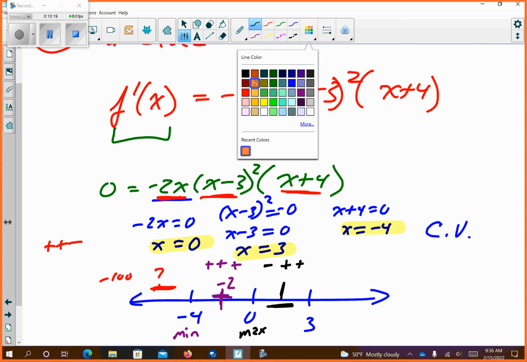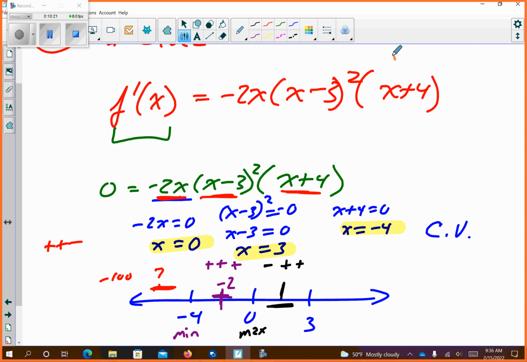So let's pick a value to the right of 3. So 10, 10's to the right.